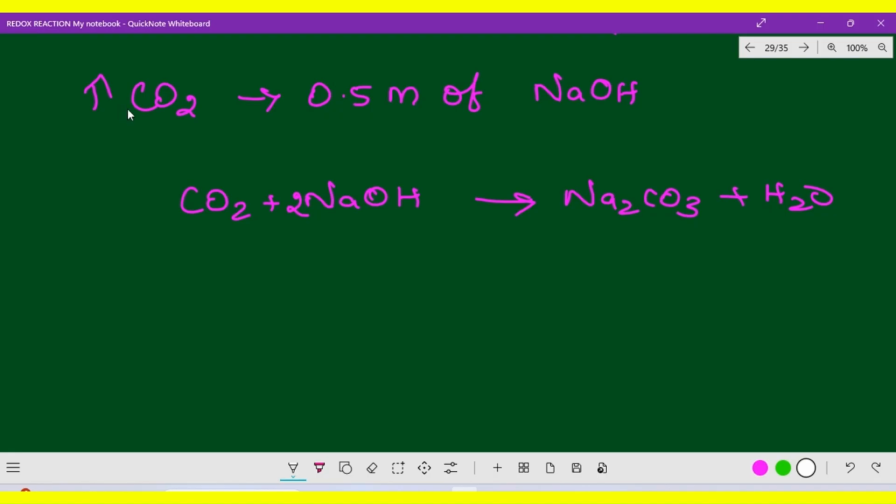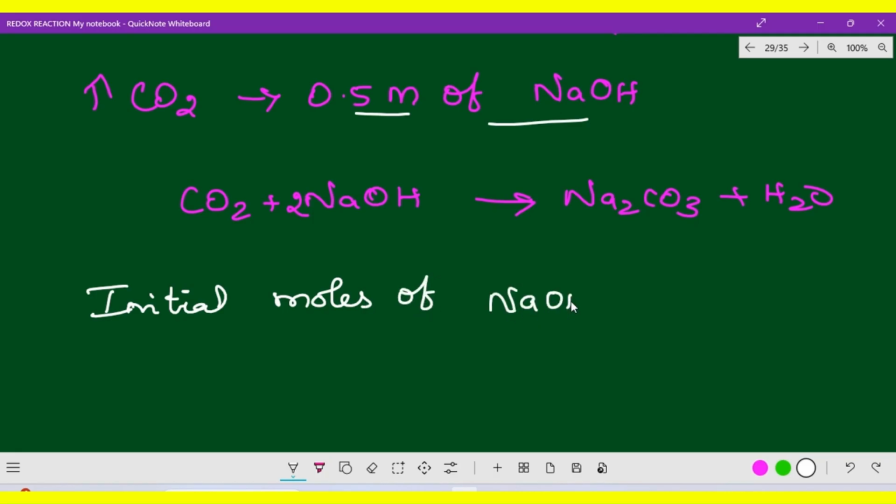So the liberated carbon dioxide is absorbed by 0.5 molarity sodium hydroxide. Now we come to the initial moles of sodium hydroxide, that means before the reaction. So 0.1 liter into 0.5 M gives 0.05 mole.